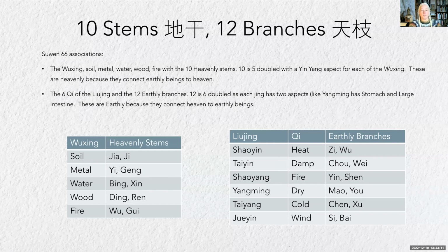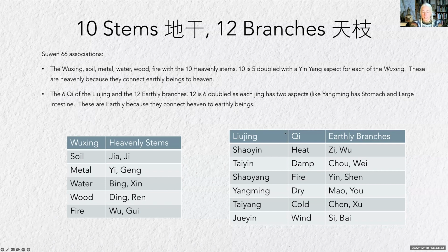So each one of these has a yin aspect and a yang aspect, which makes each one doubled, which gives us 10. So the 10 heavenly stems are associated with the whooshing. And I believe these are heavenly because they're the way that the earthly beings are connecting to heaven.